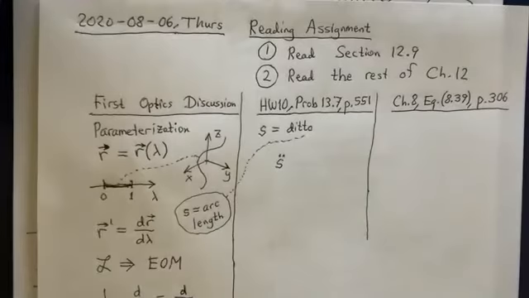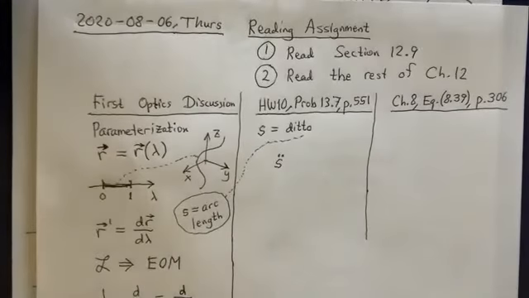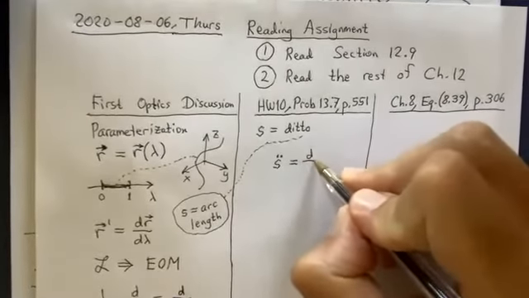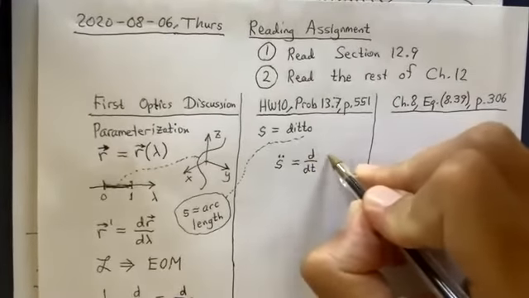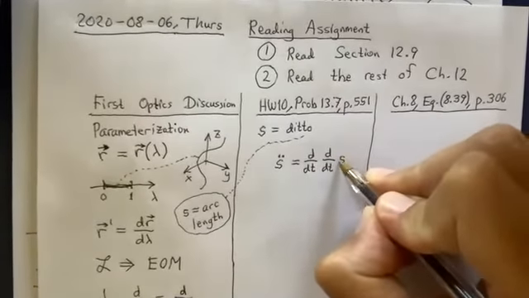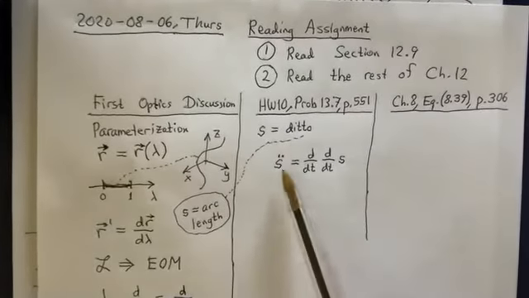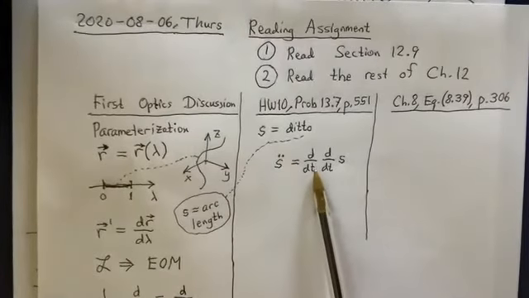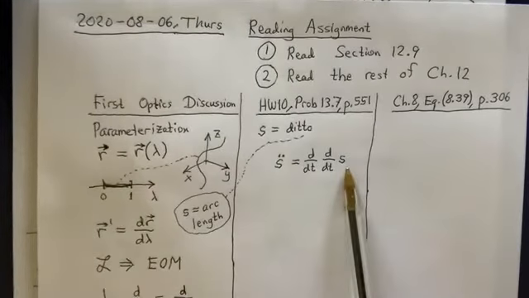Okay, let's compare and contrast. We're going to make some comments on the s double dot. What is s double dot? Well, you know the dot is our special physics notation for this d/dt operator, the total time derivative.